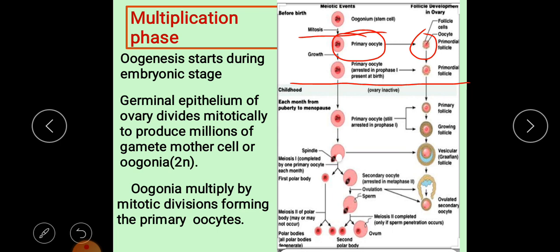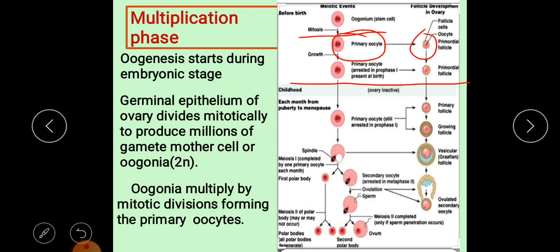Each month from puberty to menopause, when it completes the growth phase, the growth takes place in the follicle cells, but the oocyte remains the same primary oocyte only.